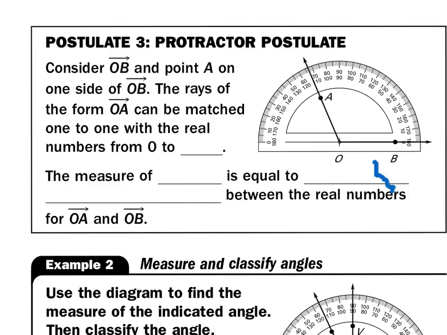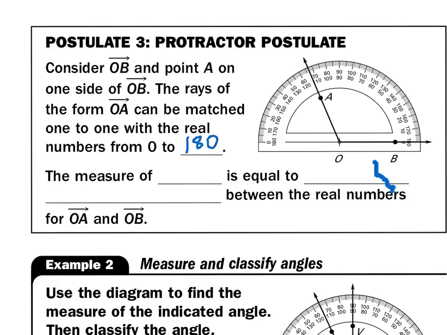Okay, the protractor postulate. Consider ray OB, and point A on one side of OB. The rays of the form OA can be matched 1-to-1 with the real numbers from 0 to 180.